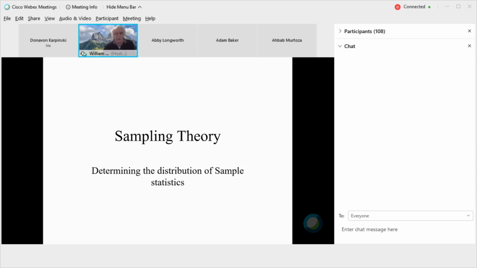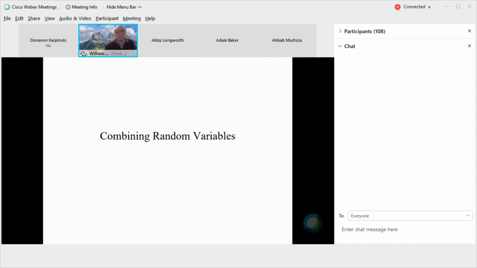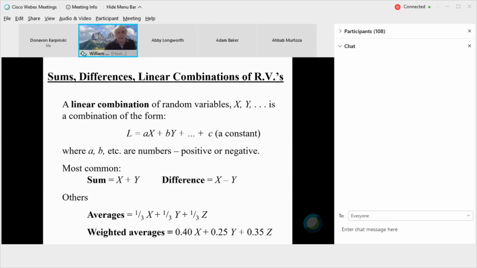Sampling theory. Here we're now interested in finding the distribution of samples. Again, just a quick review. A linear combination of a set of random variables multiplies each random variable by a constant and possibly adds a constant.